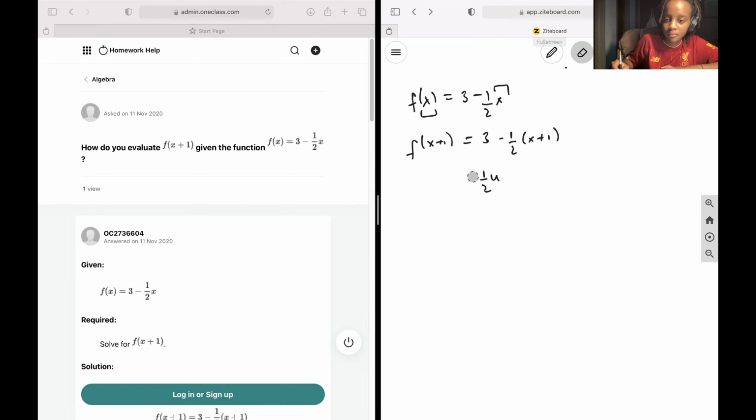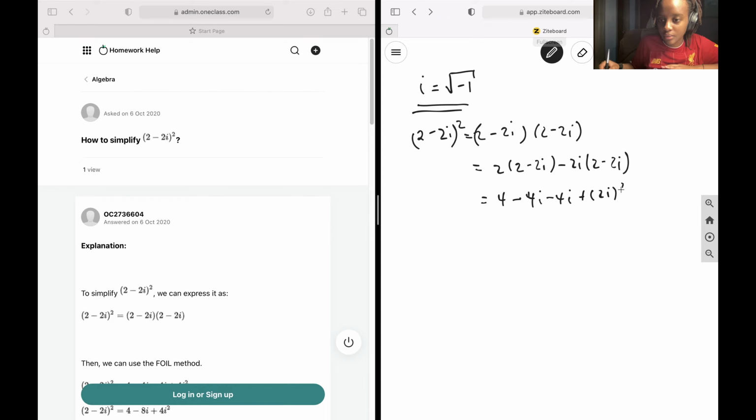and if we just use FOIL but the long way, just so you can see everything, we get 4 minus 4i minus another 4i plus, let's just leave this 2i squared as it is. So that becomes 4 minus 8i plus 4i squared.